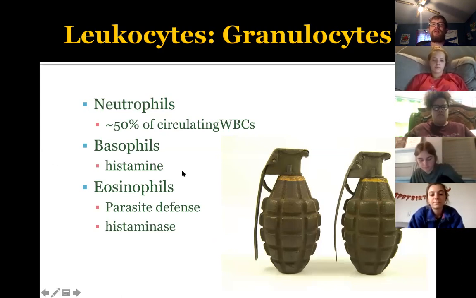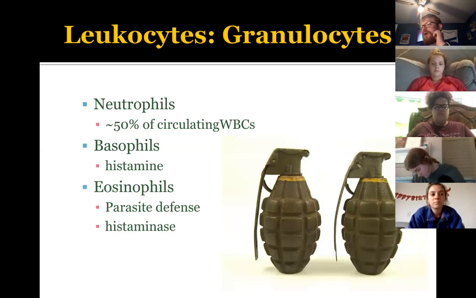And so a lot of times with them, there's also collateral damage that's associated. So neutrophils consist of 50% of all your circulating white blood cells. The majority of your white blood cells are going to be neutrophils. They're the first responder, or often the first responder, to areas of infection.